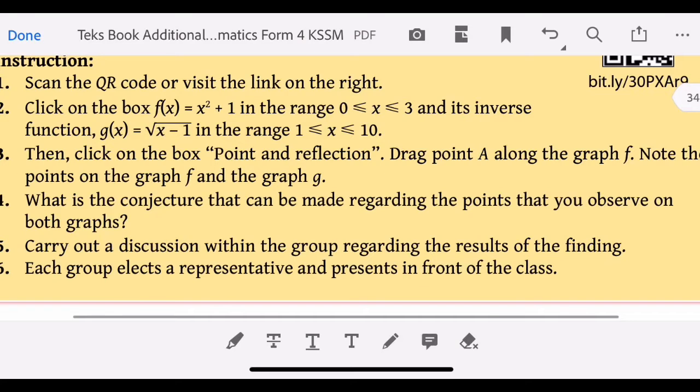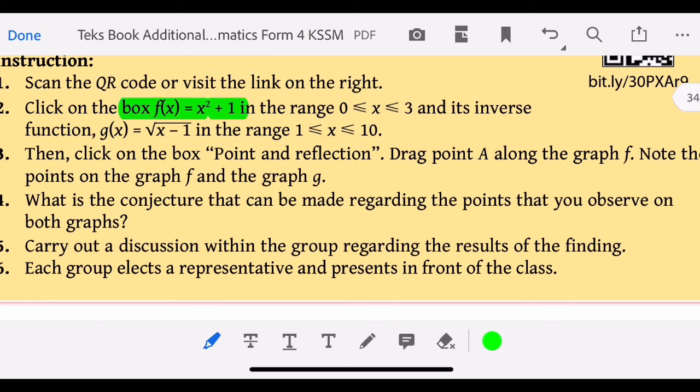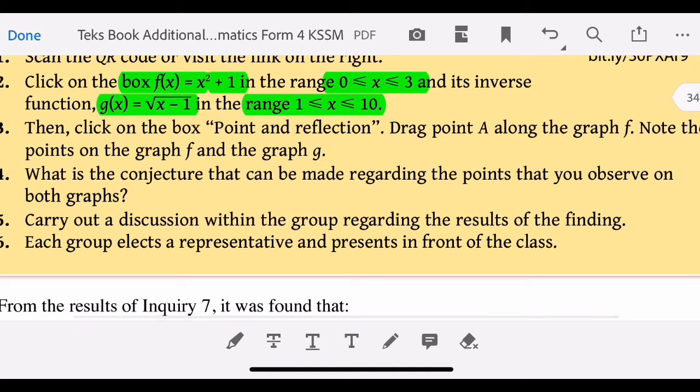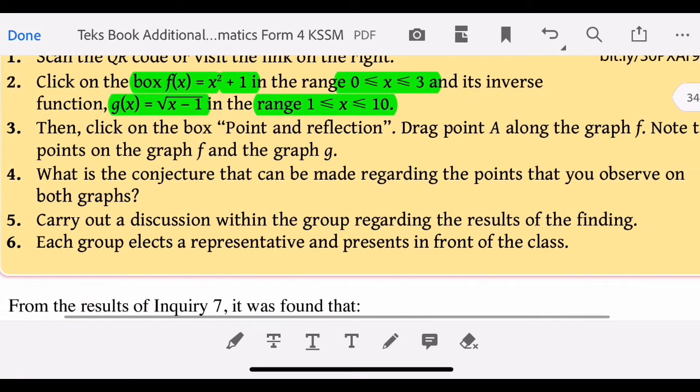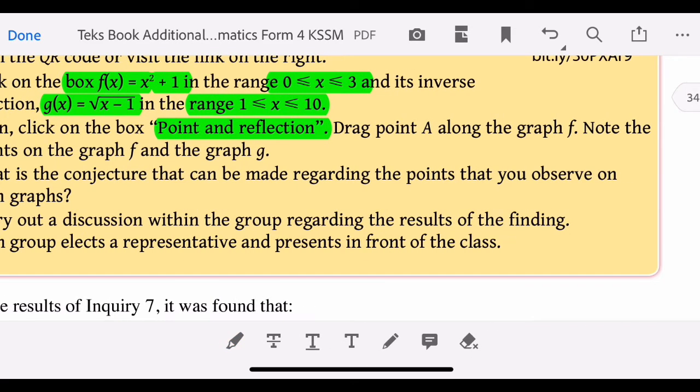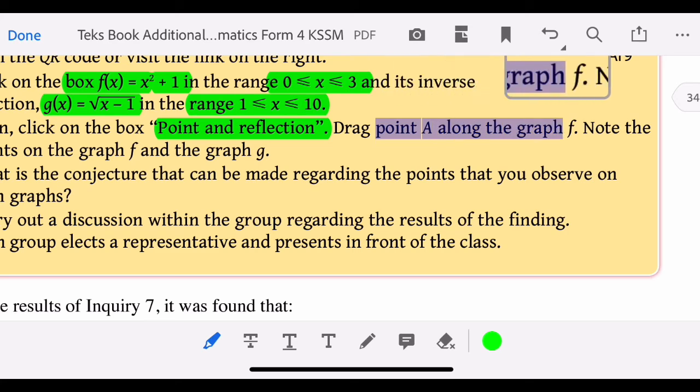on the box fx equal to x squared, and from the range x 0 to 3, and its inverse function gx from the range x 1 to 10 inclusive of 1 and 10. And then you click the box point and reflection. Point and reflection is very important. You drag the point A along the graph.